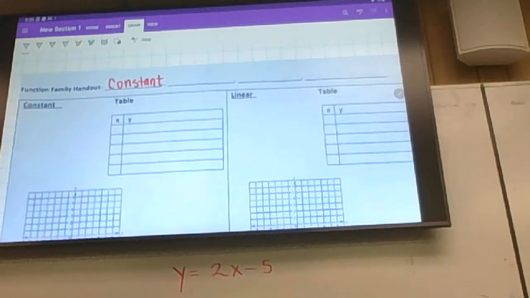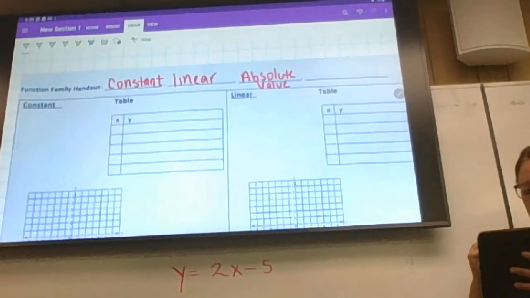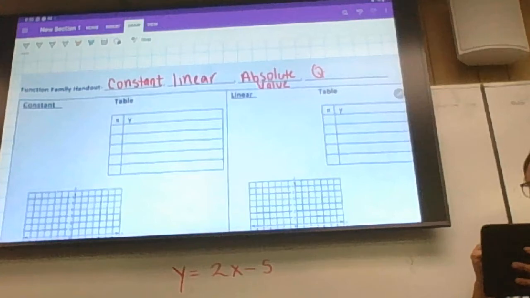It's my least favorite. It's totally boring and simple. We're gonna do the linear function, which you guys are already pros at. We're gonna do an absolute value function. And then last, we'll do the quadratic.